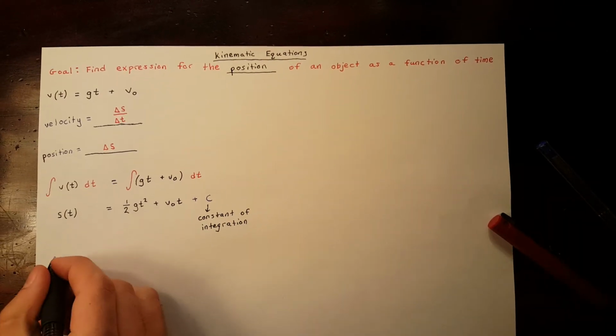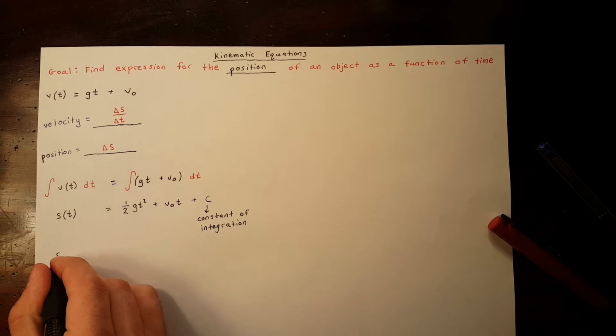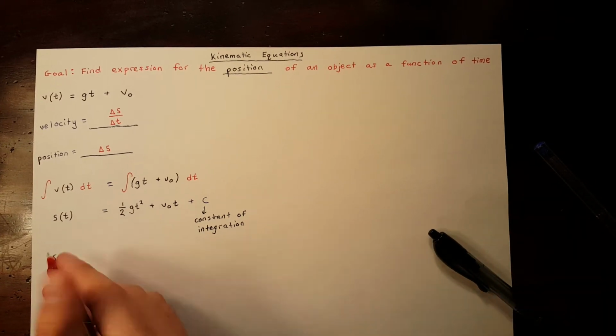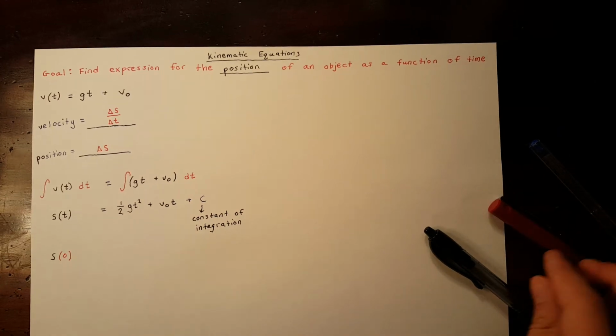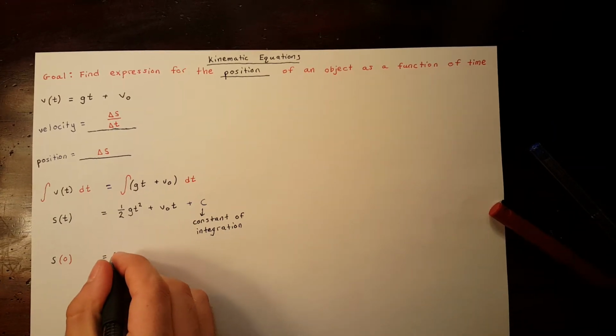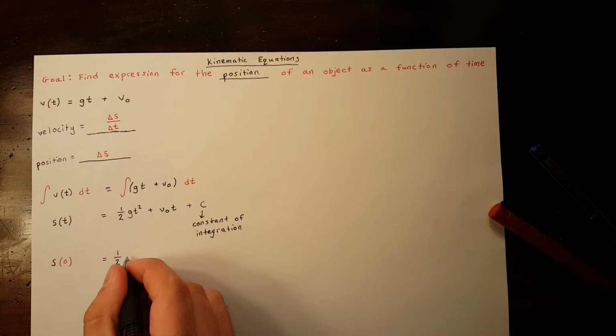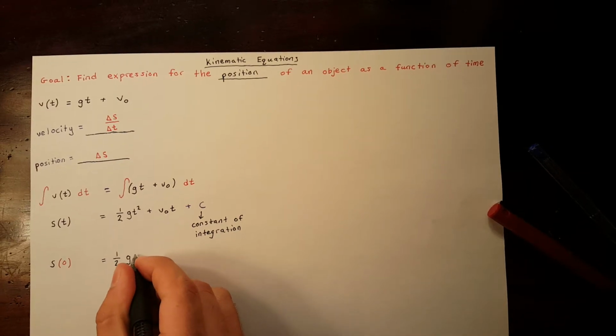So let's find out what happens if we say that the position at time 0 equals 1/2 times the acceleration due to gravity.